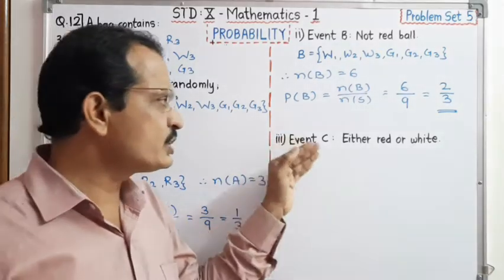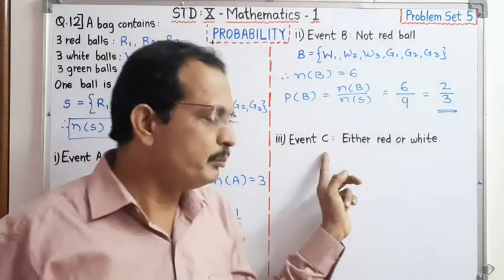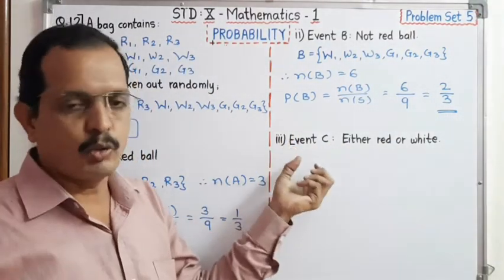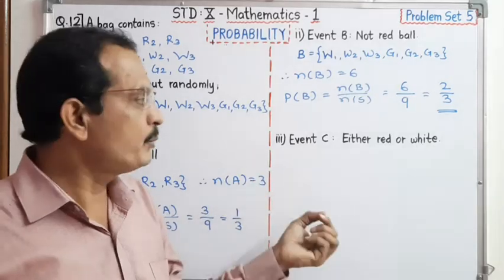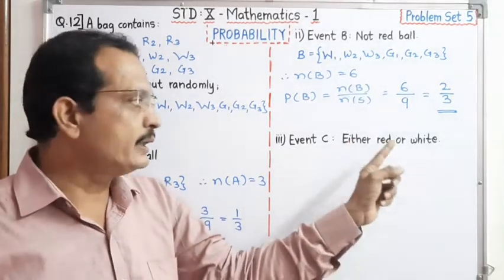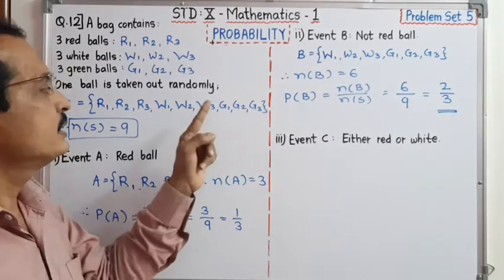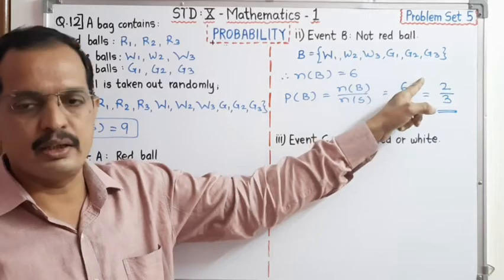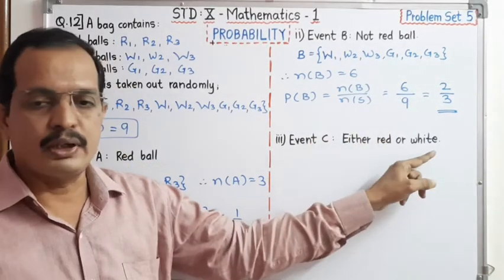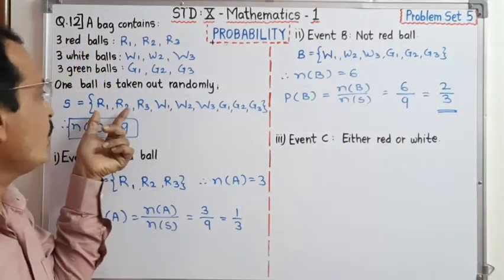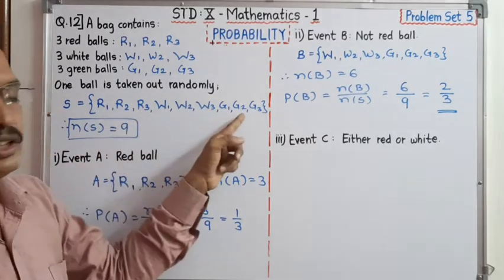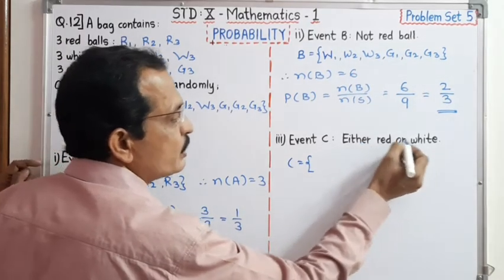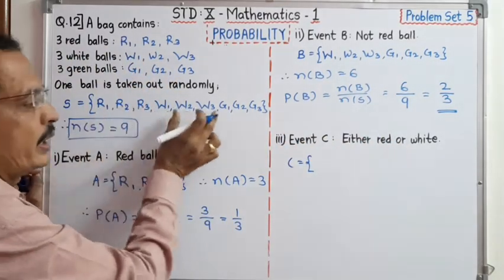Now dear student, see the meaning of this, either red or white. That means if we have to choose the ball, that ball is either red or white. Either red or white means it is not a green. As we see, not red means it is white or green. But here it is either red or white, meaning red or white, green is not there. Therefore we have to write C is equal to, instead of green, red and white.